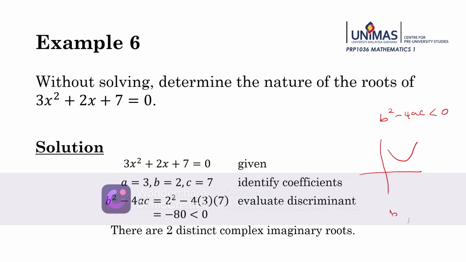If b squared minus 4ac is greater than 0, your graph passes through the x-axis at 2 points. And if b squared minus 4ac equals 0, your graph only touches the x-axis at 1 point.